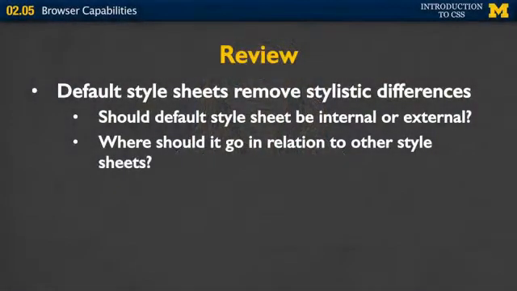So to review, when you start coding, when you start making style sheets, you're going to want to think about using a default style sheet to remove those stylistic differences. And when you do that, I need you to think about some things. First, should that default style sheet be internal or external? Hopefully you all said external, because if it's internal, it's going to override all the other things you've worked so hard to do.